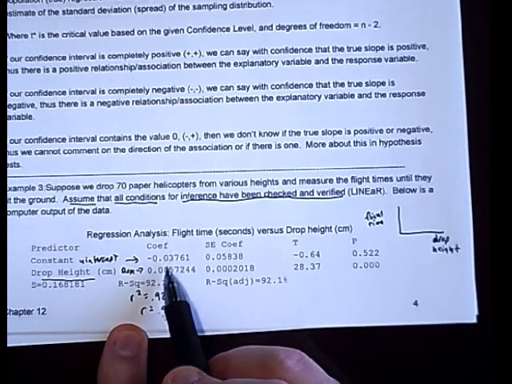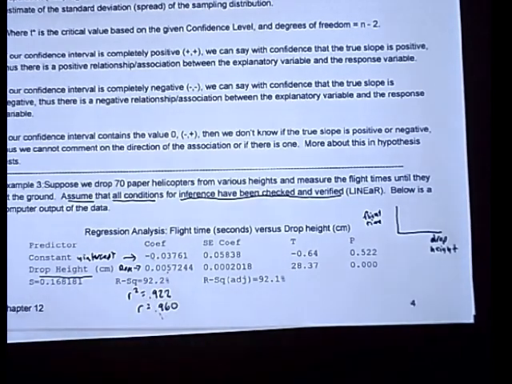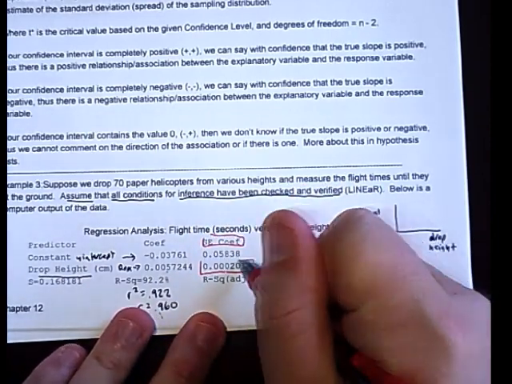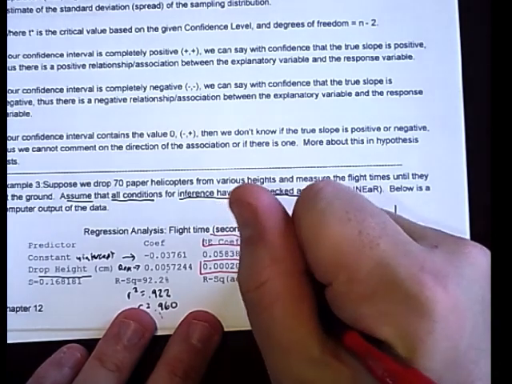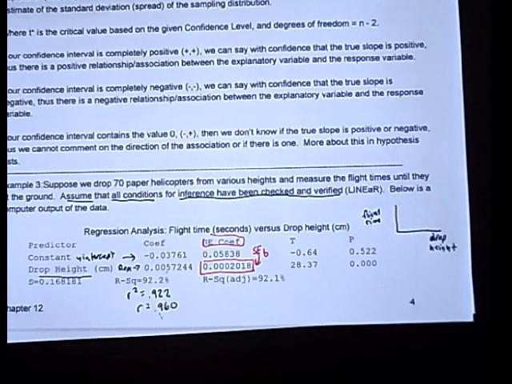It's got to be the same sign as this right here, the positive 0.005. Okay, now let's talk about some of these other things in here. SE coefficient, so this thing right here, this is the standard error of b for us.